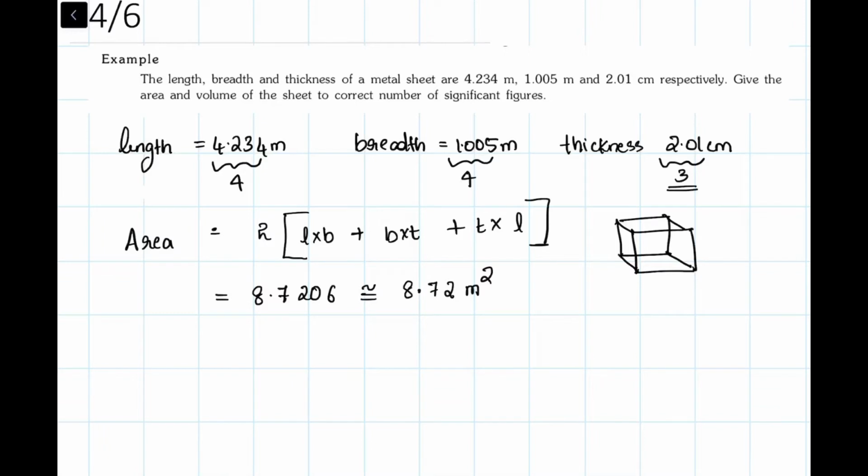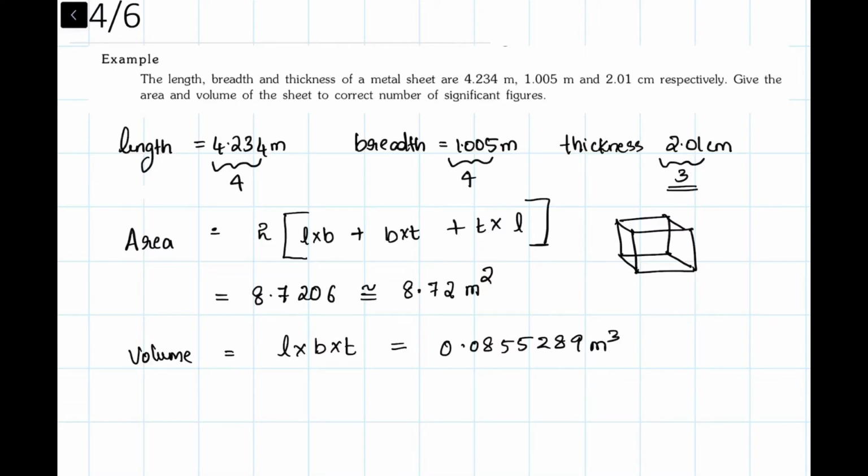Got it? Now when it comes to volume, what is the volume of a box? Volume is simple, which is length into breadth into thickness, LBT. Substituting the values, the actual answer you are going to get, I'll write first, 0.0855289 meter cube.